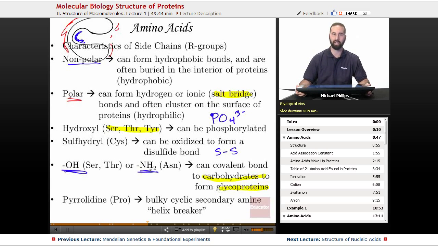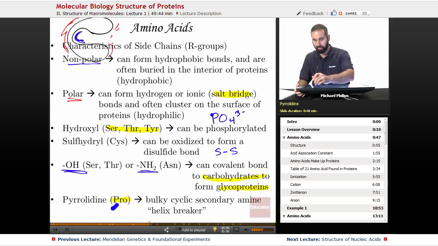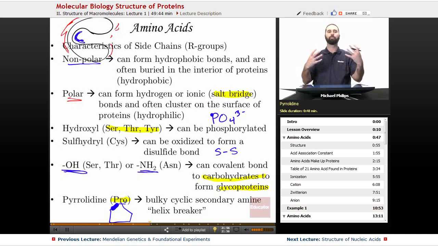And finally, we have proline having what's called a pyrrolidine structure, and that is this big hunk of a secondary amine. Okay, so it has a nice, or not very nice, structure in the fact that it's not an open chain.